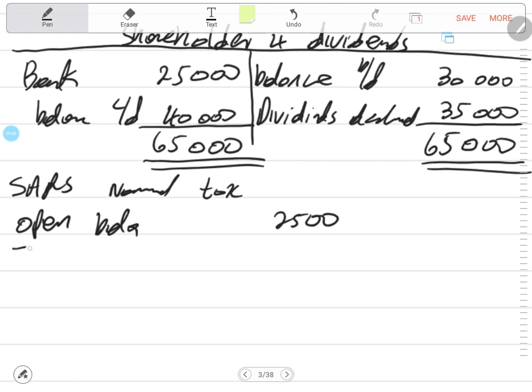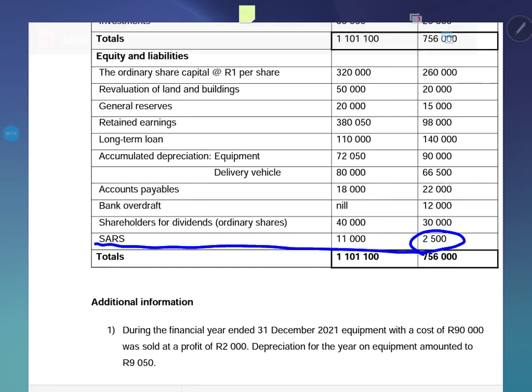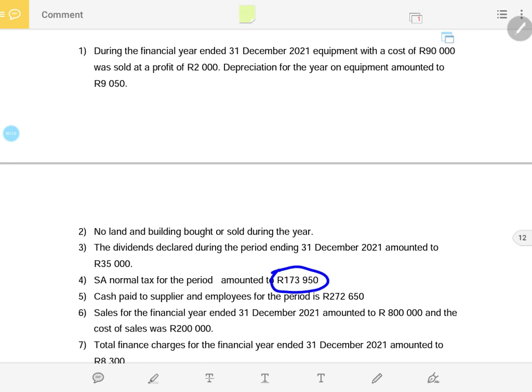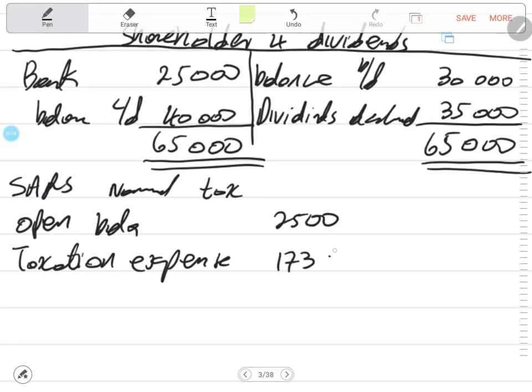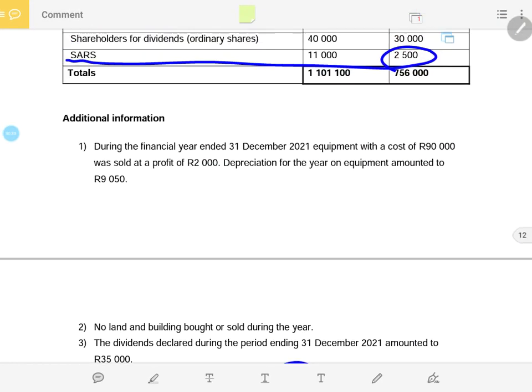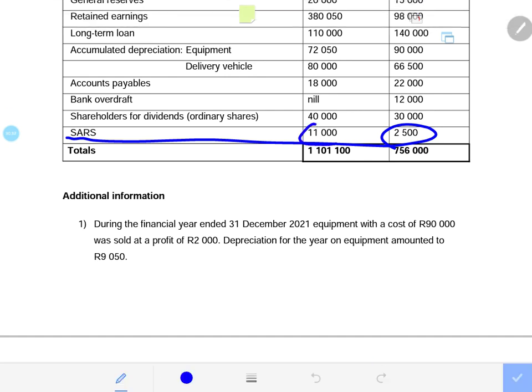Then we say taxation expense for the year, which is 173,950. Then after we say less closing balance of 11,000 rands. Just verify, I think it was 11,000 rands.